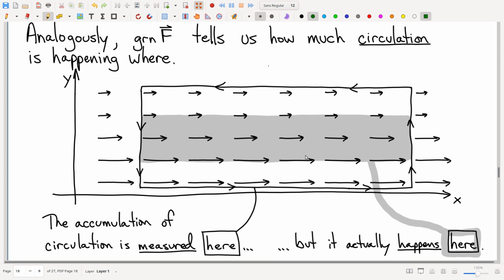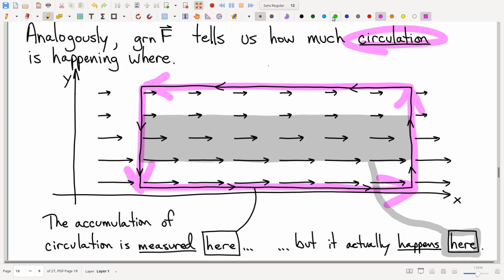Nevertheless, let's ask, where is the circulation happening and how much? All right. If you look at circulation, here's the boundary, orientation and all. Let's ask, how much circulation do we have in the first place?